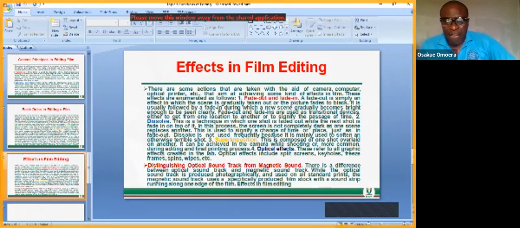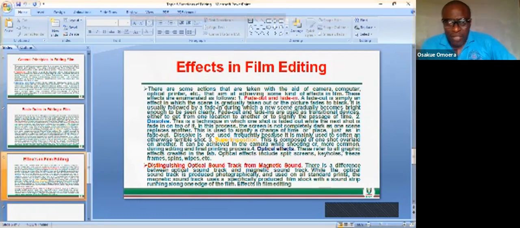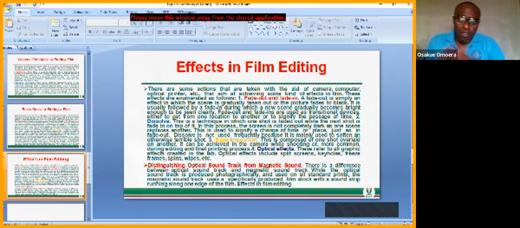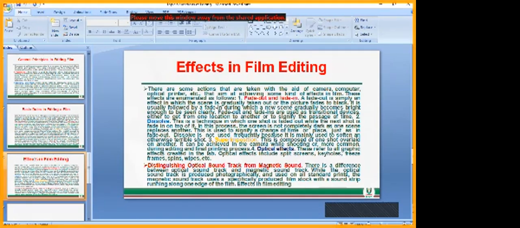Fade outs and fade ins are used as transitional devices, either to get from one location to another or to signify the passage of time. So basically it has to do with a kind of blackout, when you want to leave from one time frame or one location, as the case may be, to another.